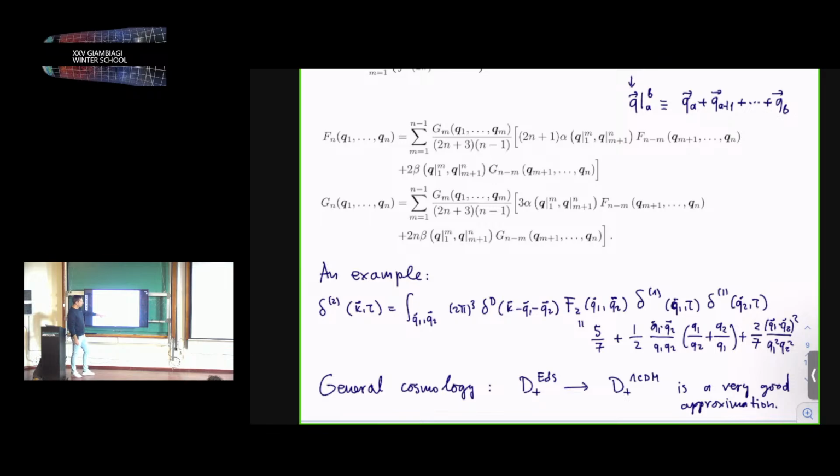For example, the constant term, and this term here: if you look at the structure, you will have Q1 dot Q2 squared over Q1 squared Q2 squared. This looks like a tidal force.